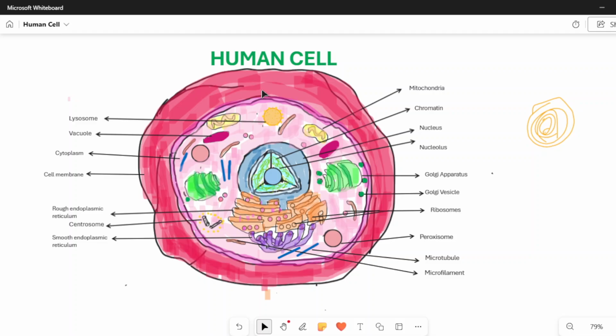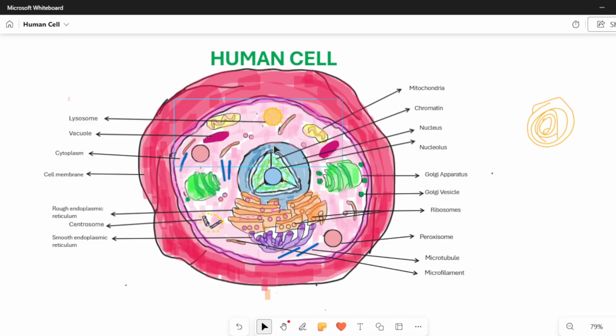The cells can repair some things on their own, but sometimes when they are unable to repair, they go into suicide, where this lysosome comes into play and the cell kills the entire cell itself. So if any of the organelles inside the cell malfunctions, then you can see, for example, you have cancer.